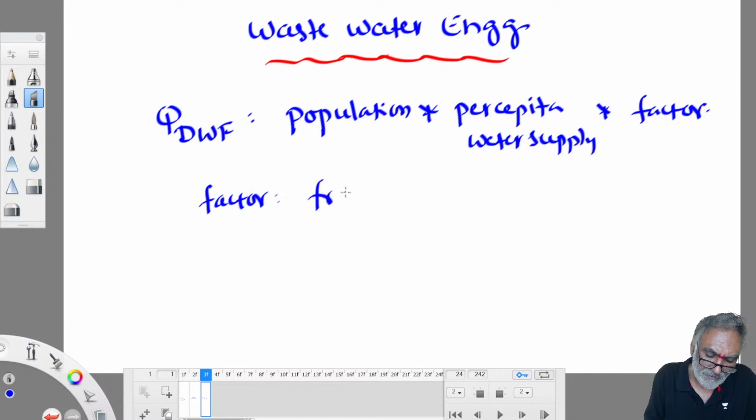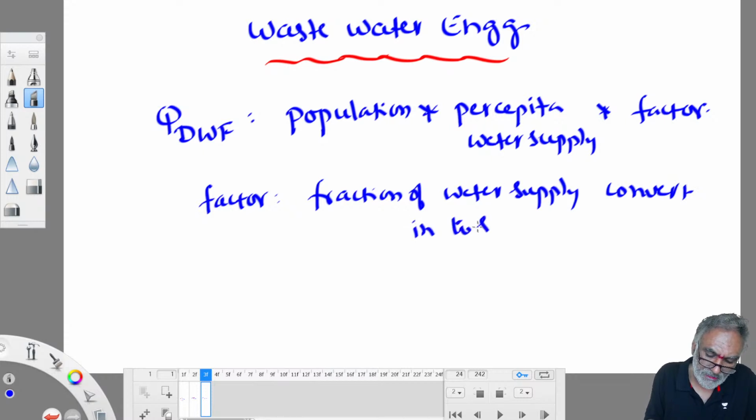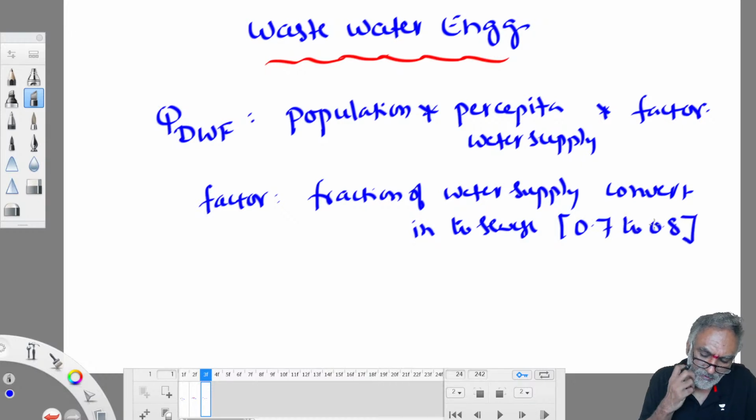This is a fraction of water supply converted into sewage. So normally its value is 0.7 to 0.8. It will give you 75% means 0.75, 70% means 0.7, 80% means 0.8, something like that. Per capita water supply will be given, population is given to you.